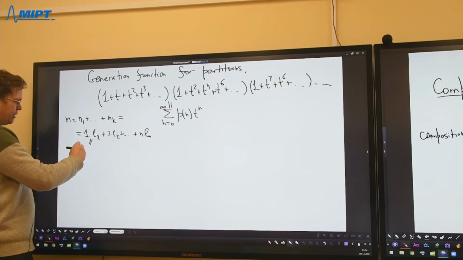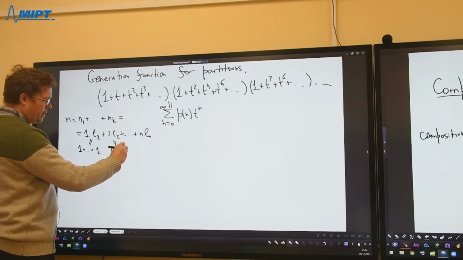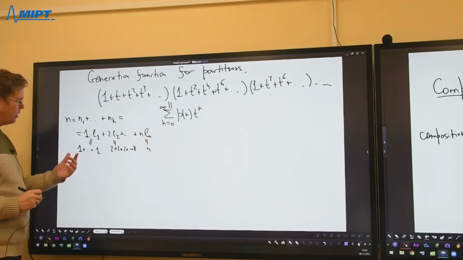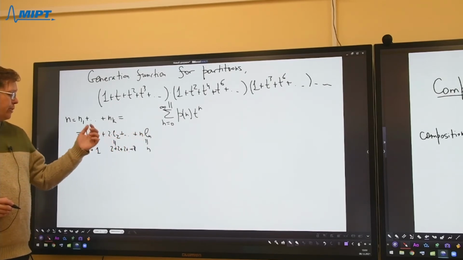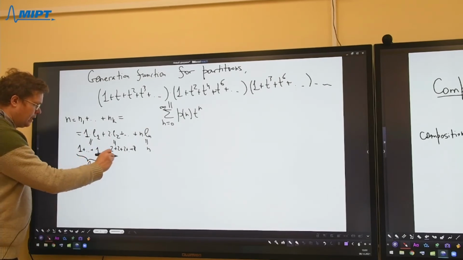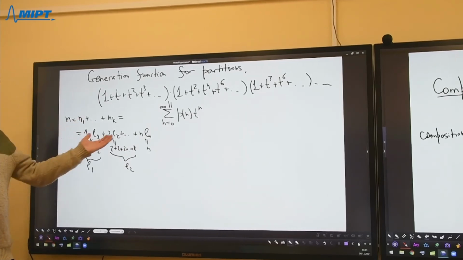So we just gathered all the same parts together, and then calculated how many of them we have. Of course, L1 should be at most n, L2 should be at most n over 2. And so we can represent this partition in this form.